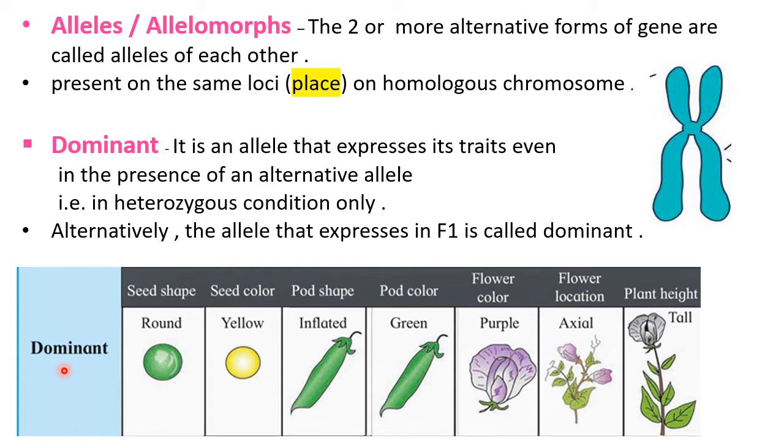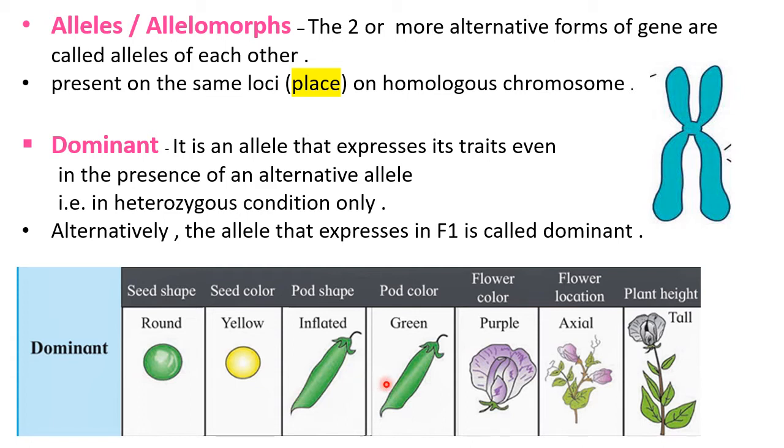In the diagram, we see all dominant traits from the 7 pairs of contrasting characters selected by Mendel. The shape of seed, that is round, is one of the dominant traits. From the color of seed, yellow color is a dominant trait. Then inflated pod, meaning it has a plain surface, is a dominant trait.